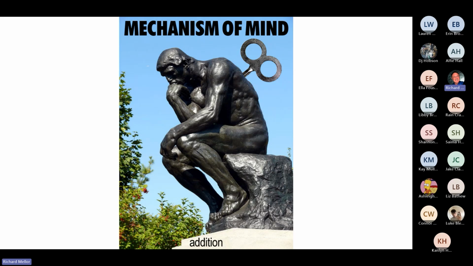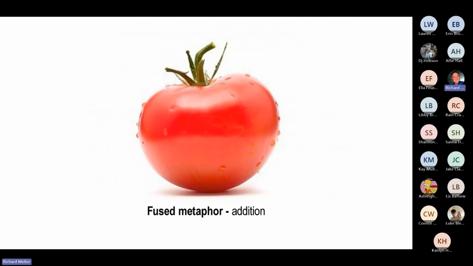You've not changed anything about the properties of the image. You've added something to the properties of the image. Same goes for this ripe tomato. By adding something to the image, you can then change its meaning.